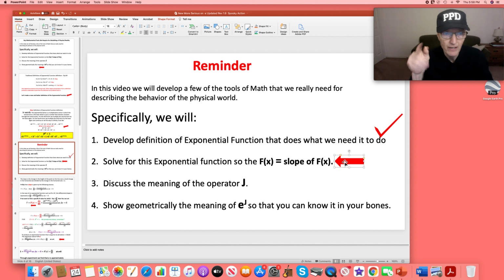What we're going to do next is solve for the exponential function for the specific case where f of x is equal to the slope of f of x. So it's like a car going up a hill. It goes up 10 feet and it goes over 10 feet. So it's 10 feet high. Oh wait, that's not quite right. That would be an angle of 45 degrees.